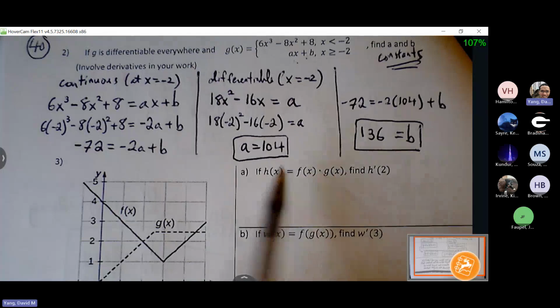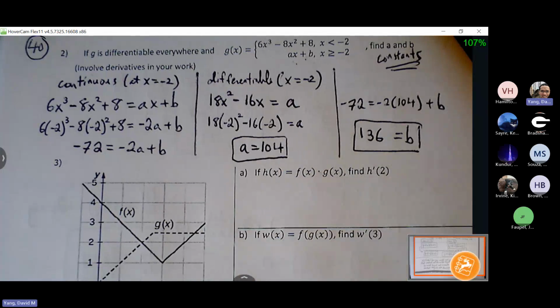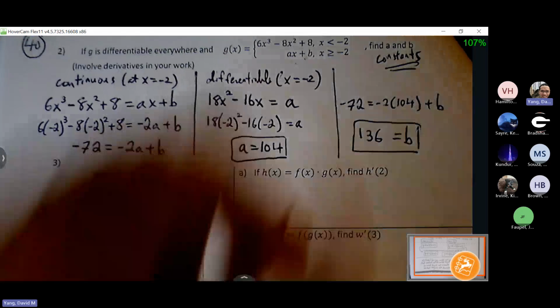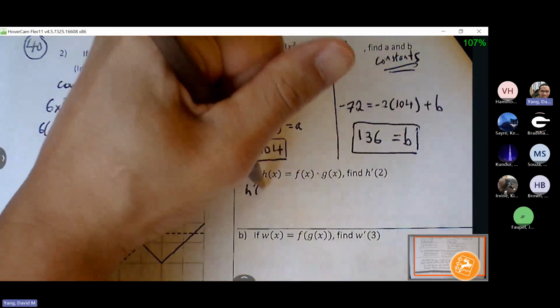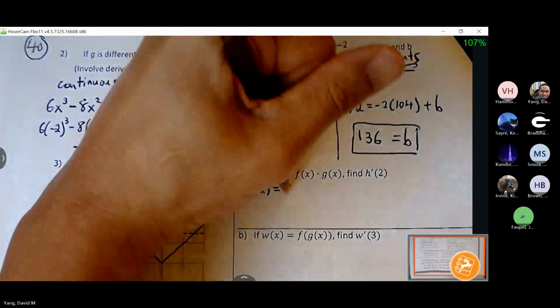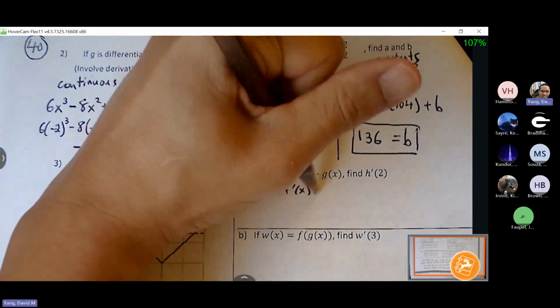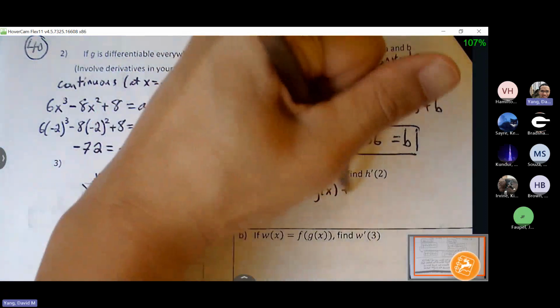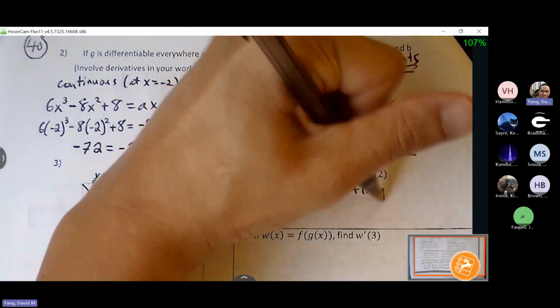And we see two x's, right? So there's two distinct expressions that are outside of one another. We've got to go through product rule. So let's go ahead and build our product rule. So h prime of x is f prime times g plus f g prime.